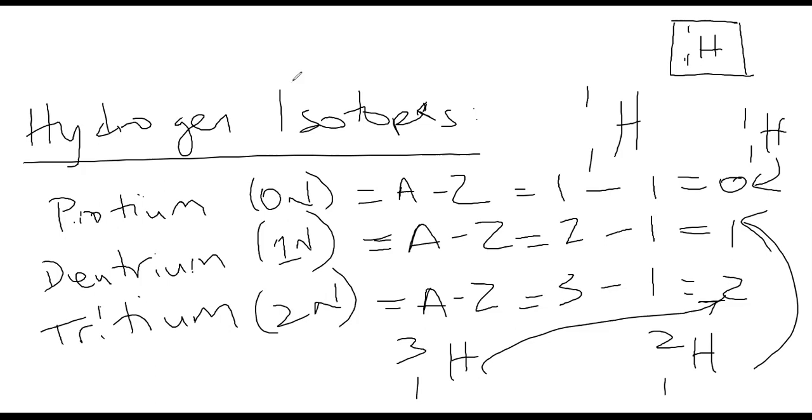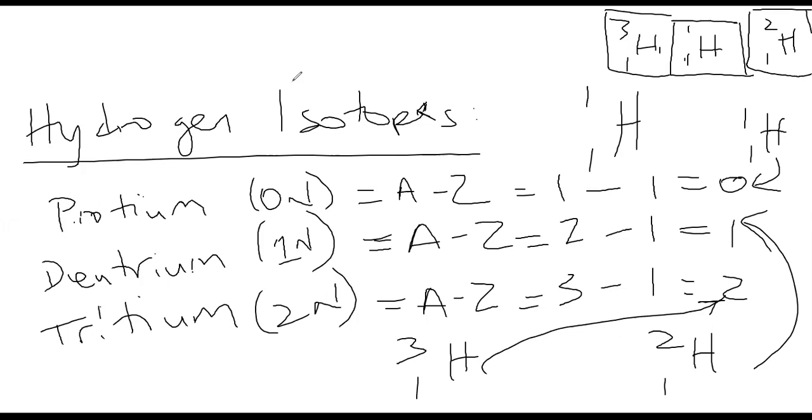So it could exist as 2H1 as here, or 3H1 as here. Good. Everybody understand that? So isotope means that they exist with the same atomic number, however their mass number is different.